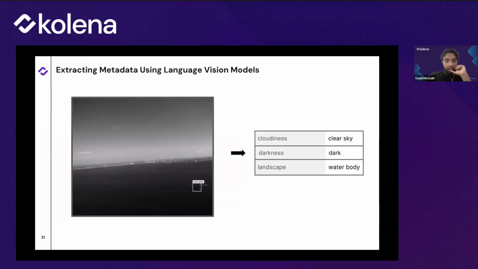So this, in fact, is an airborne object detection problem. And for something like this, you might want to know what landscape we're looking at. Is this helicopter over a water body? Is it in mountains? Is it in farmland? What exactly is the background terrain?